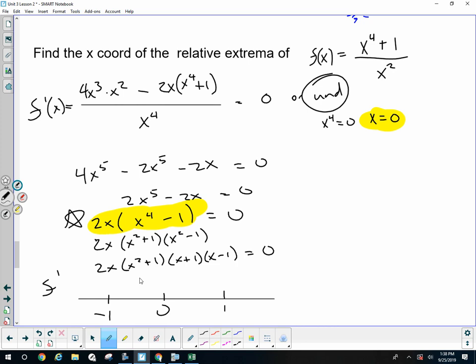I know we are undefined at 0. I know I have 0 at negative 1. I know I have 0 at 1. 2. 2 times 2, positive. 2 to the fourth minus 1, definitely going to be a positive. 1/2. 1/2 times 2 is positive. 1/2 to the fourth. 1/2 times 1/2 times 1/2 times 1/2 is 1/16.